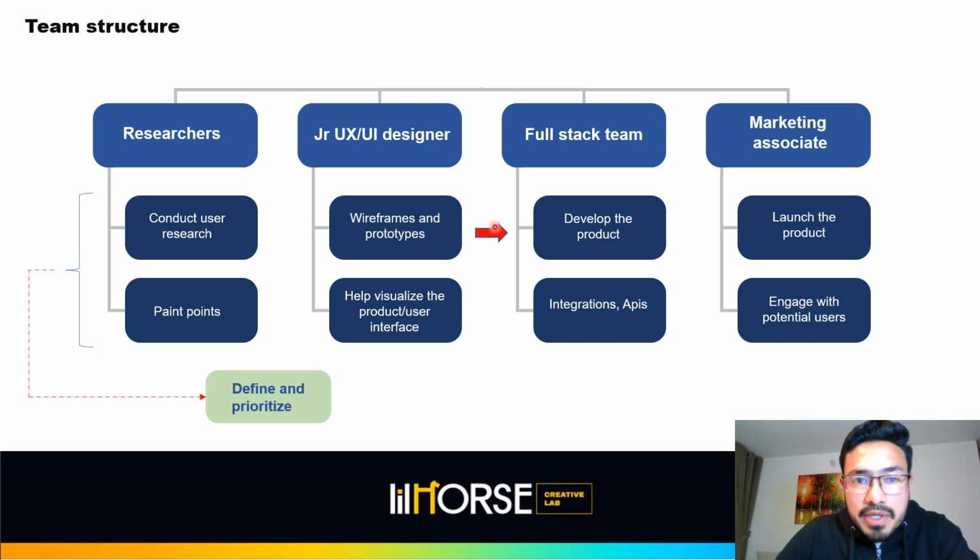And with that information, the development team can start to develop the product, okay? They are going to define some integrations and APIs, and as a product manager, we are going to ask what is the best way to integrate this platform. And the last one, the marketing associate, they are going to launch the product and engage with potential users.